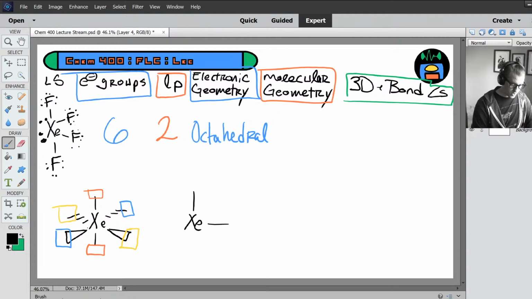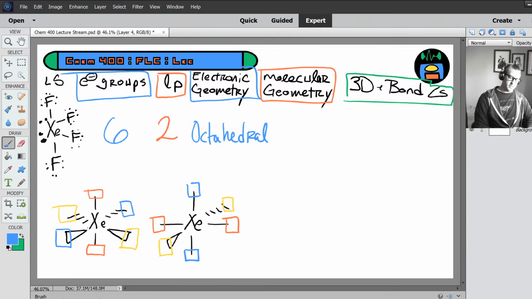So you can also draw it like this. And the same rules still apply. If you put your first lone pair here, the second lone pair goes on the opposite side. If your first lone pair goes here, the second lone pair goes there. If your first one goes here, the second goes there.